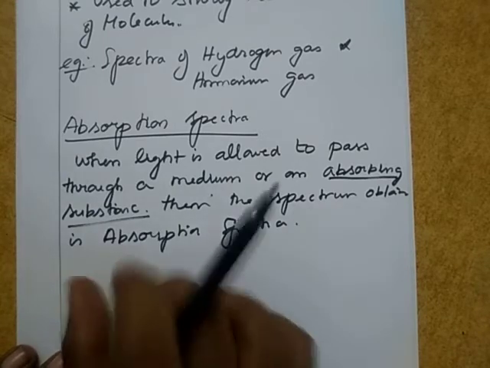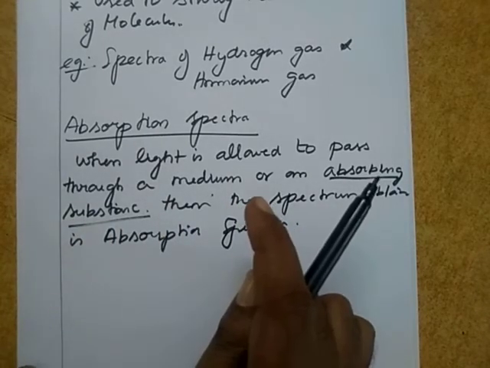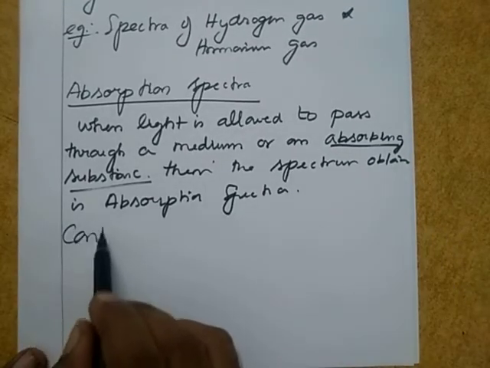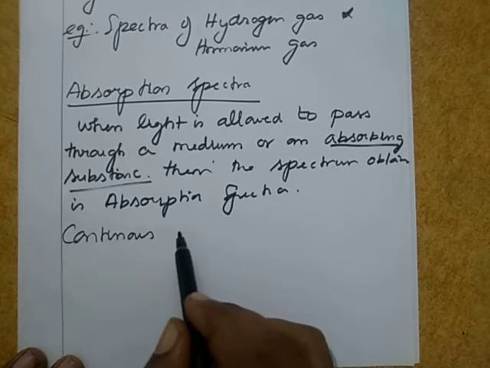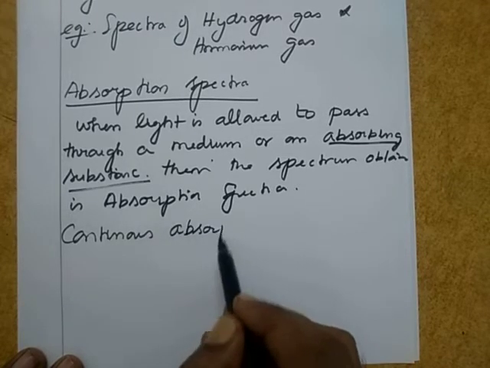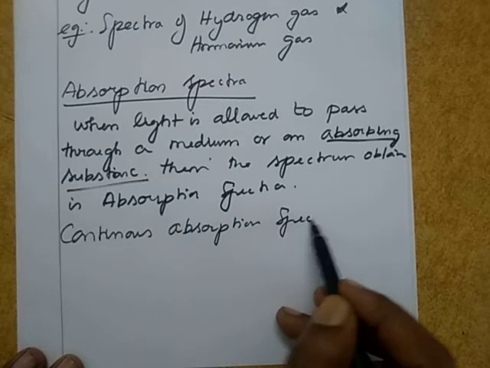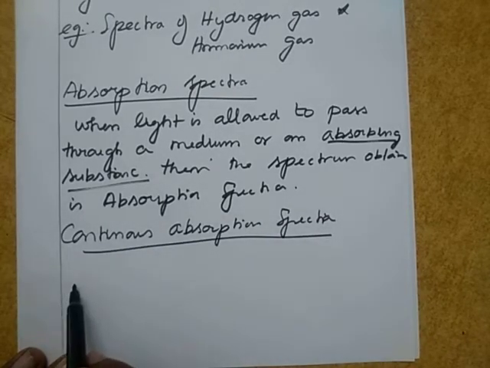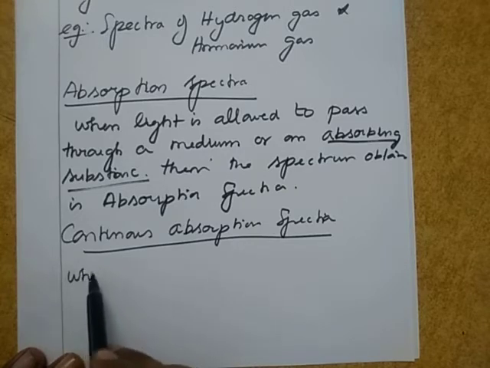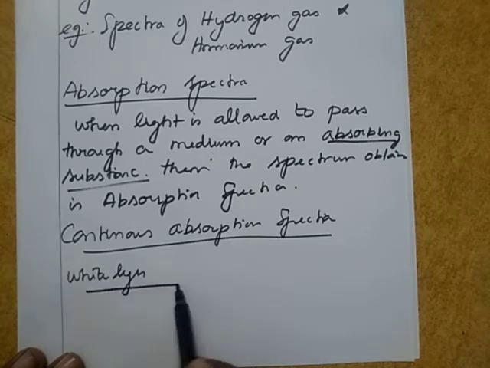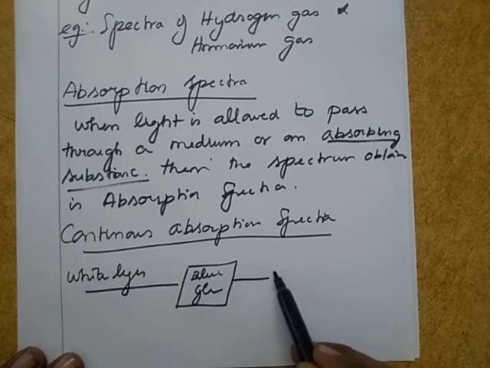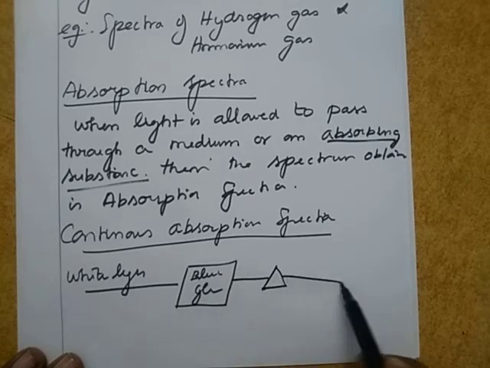Here this absorption spectra is subdivided into three. The first one is continuous absorption spectra. Suppose I allow white light through a blue glass, then through a prism, then I get a spectrum.